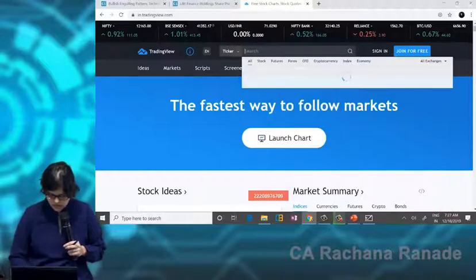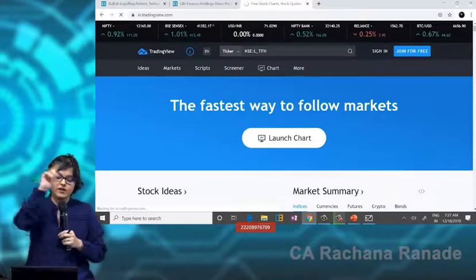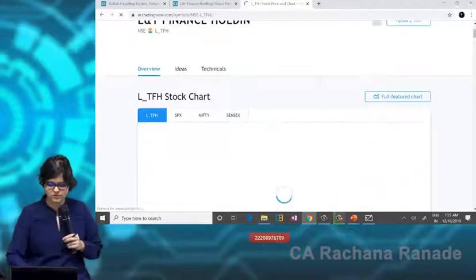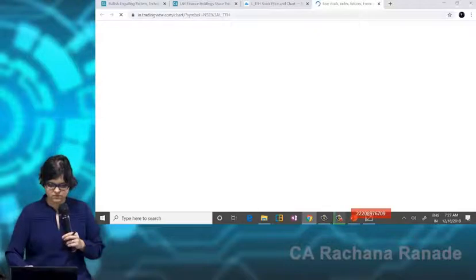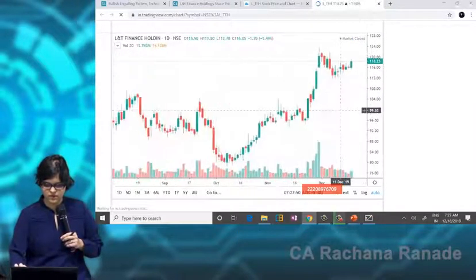If I search by finance, but it doesn't end. Now what do you do? Tell me quickly. Full feature chart. And now I can zoom in here.